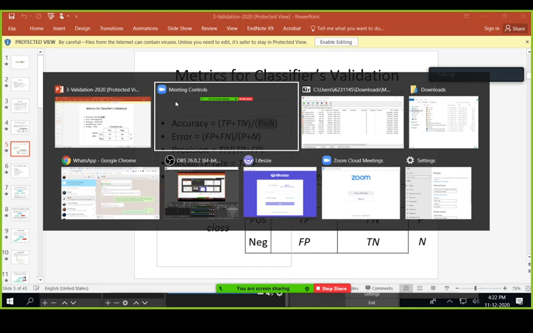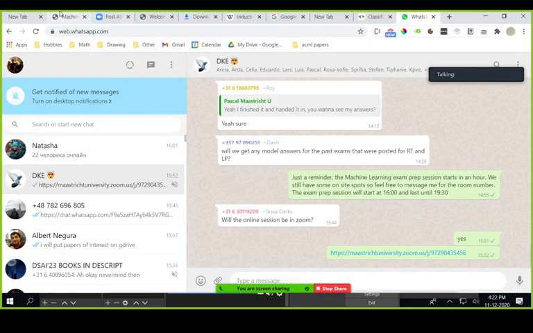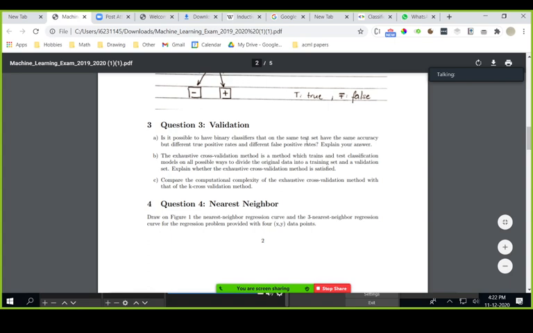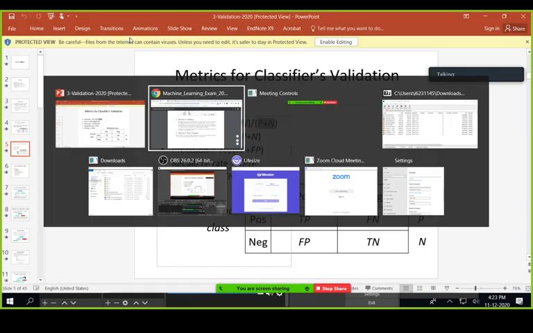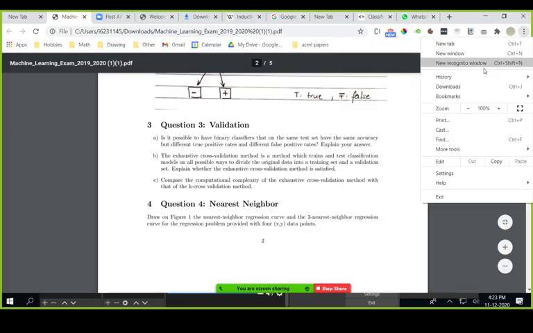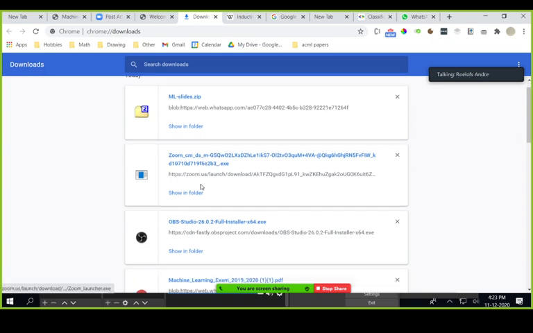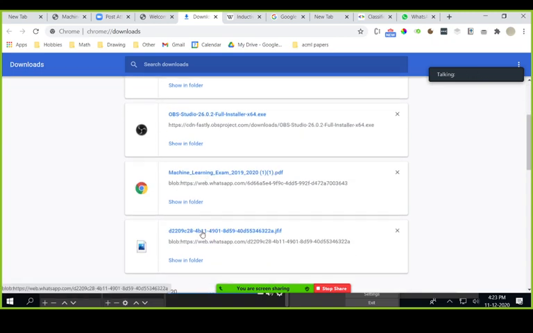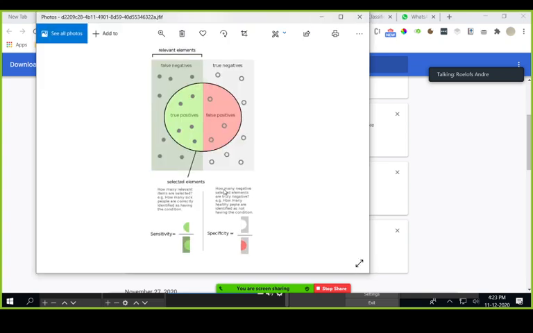True positives and false positives, right? I think it was, yeah. True positives and false positives, right? And actually, I saved an image for this exact problem in here. If I can just open it. Right. So we could actually use this kind of image to find out, right?